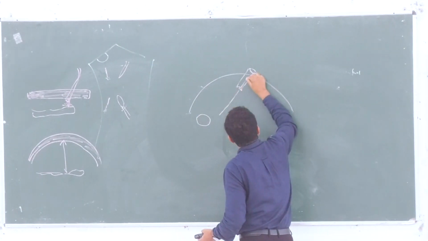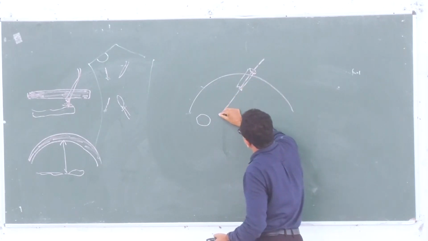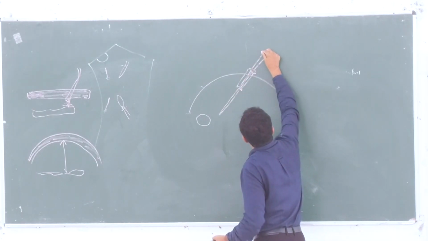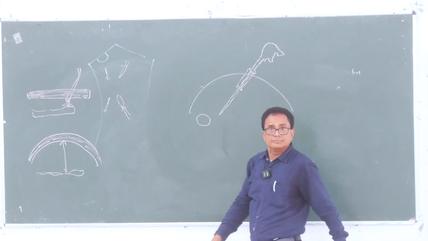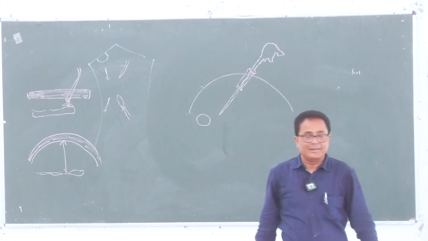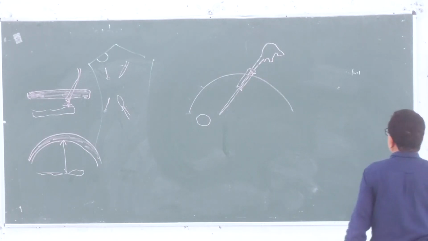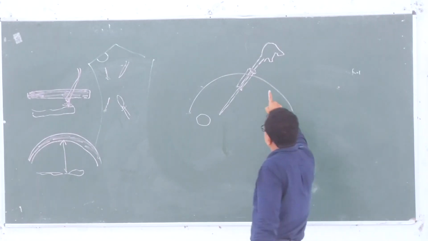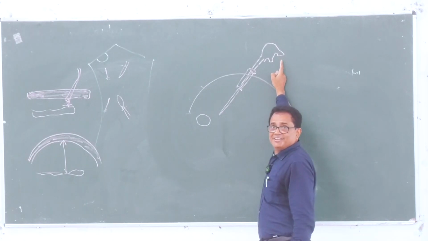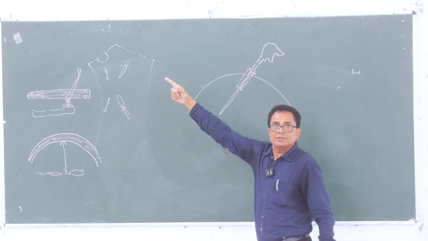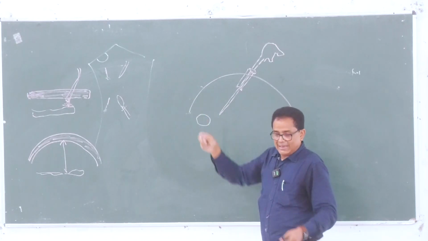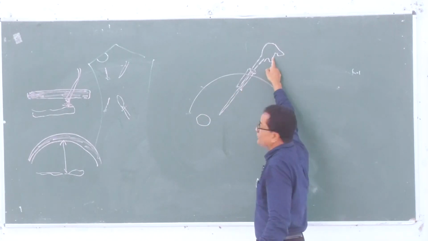Then these long instruments are passed through that tube, and here is the handle that the surgeon is holding. All right. So you can understand this is a very distant surgery. The vision is carried to the monitor, you don't look at the patient, and the instruments are pretty long.